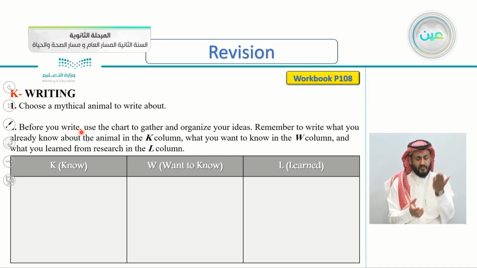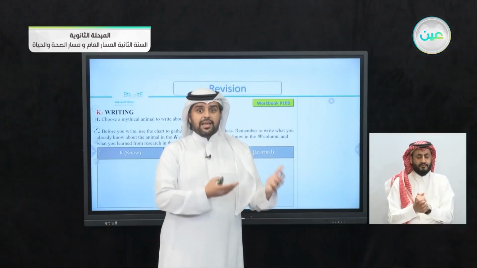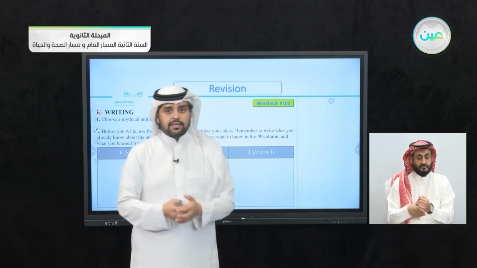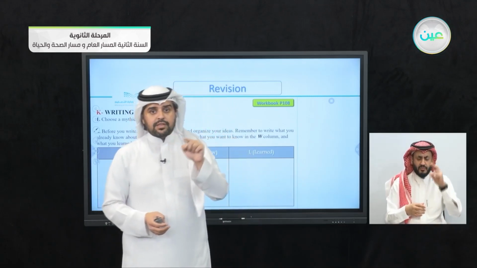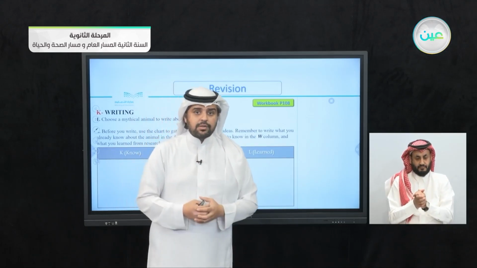Before you write, use the chart to gather and organize your ideas. Remember to write what you already know here in the K about the animal, something you want to know in the W, and what you learned from research in the L. So in the K column, what you already know about this mythical animal, this mythical creature, and in the W column, from the letter W, want to know, what you want to know about this creature.